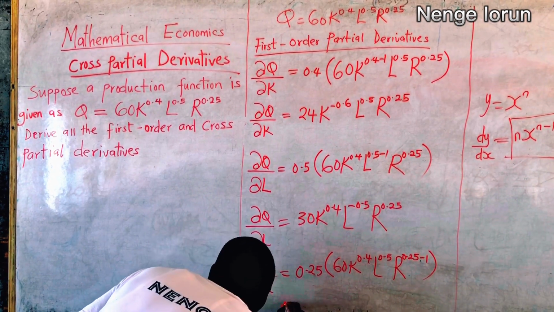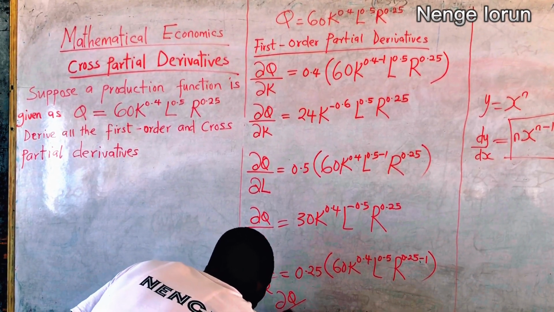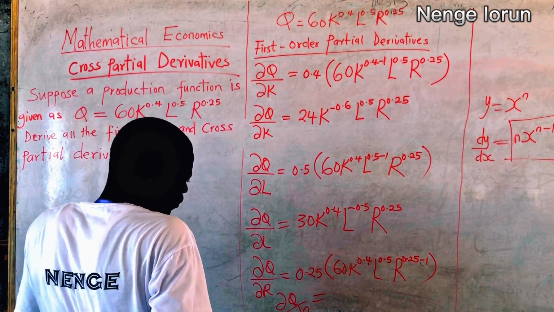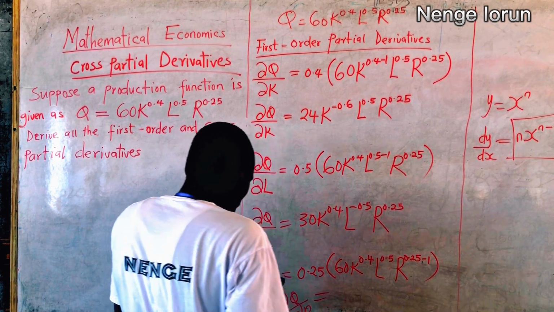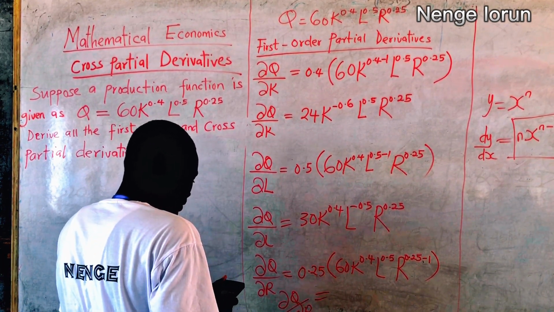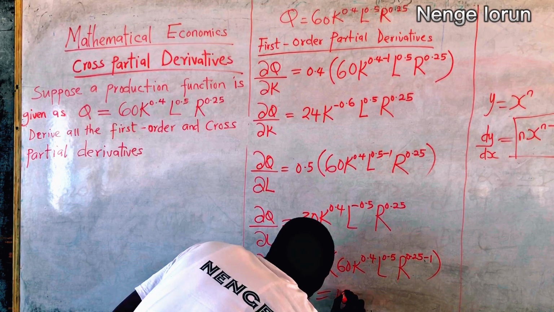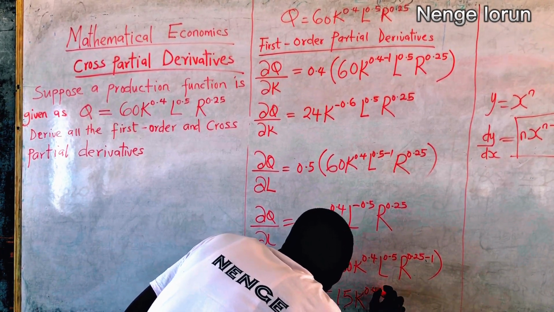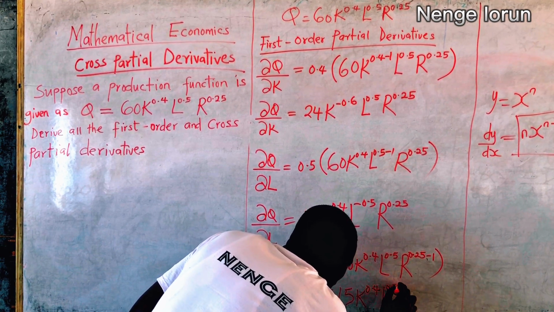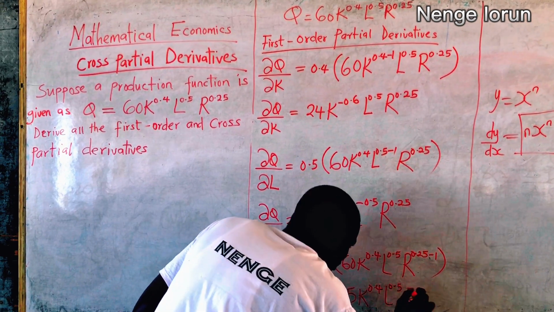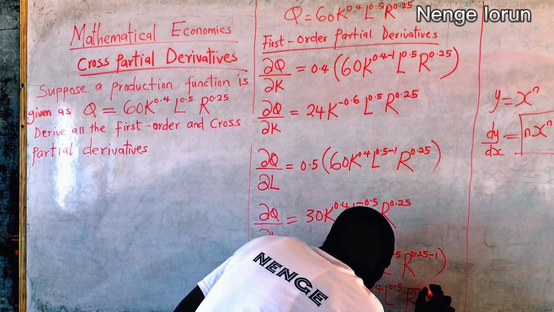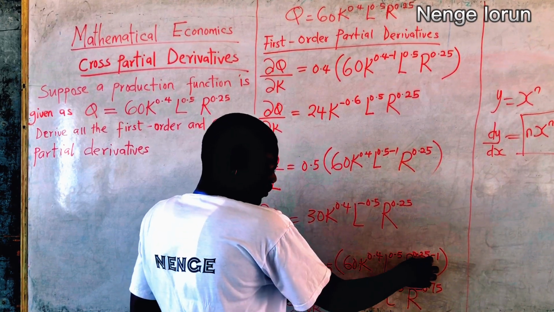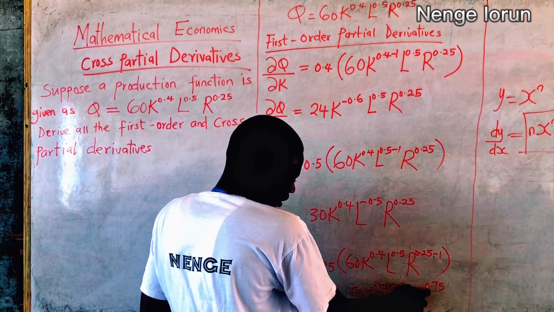So you will have the partial derivative of Q with respect to R will be equal to 0.25 times 60. You will have 15K raised to the power of 0.4, L raised to the power of 0.5, R raised to the power of minus 0.75, because 0.25 minus 1 is minus 0.75.